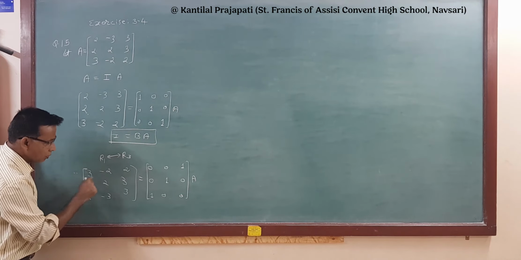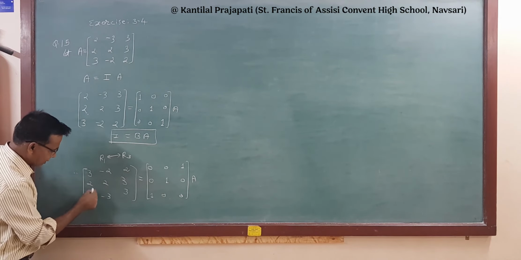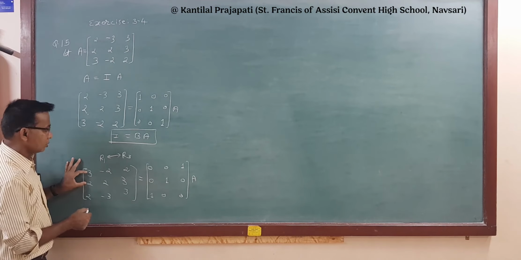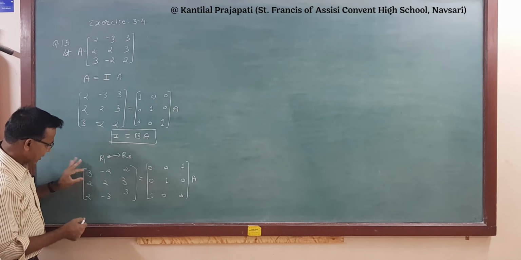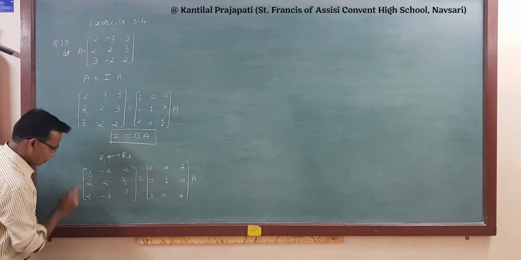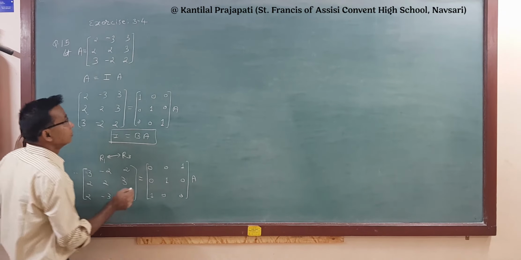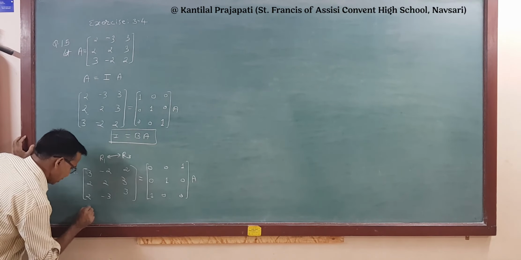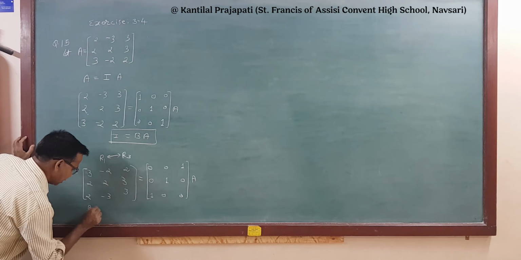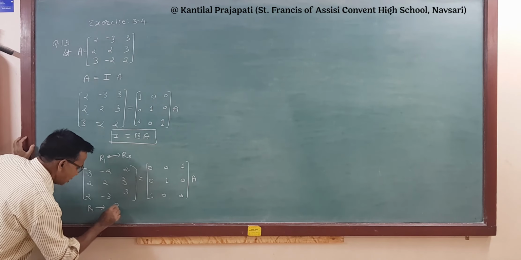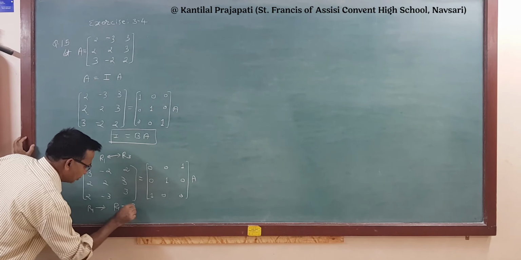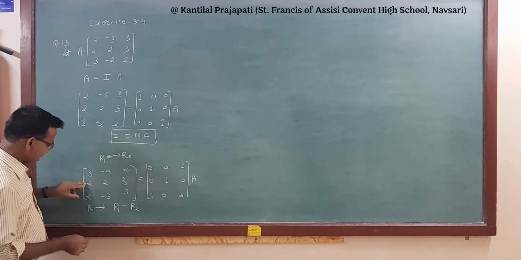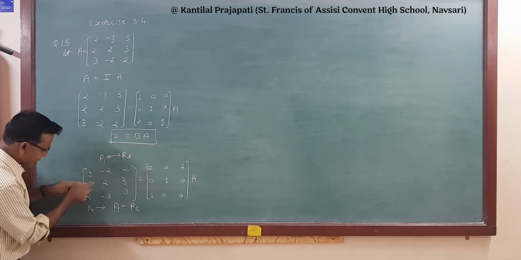So we apply the elementary operation directly. To get 1, R1 minus R2. That is, we apply the notation in R1. See here, in R1 we apply the notation R1 minus R2. Also we apply here to get 0, we easily get 0 here.